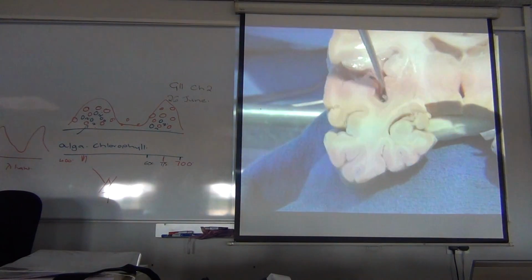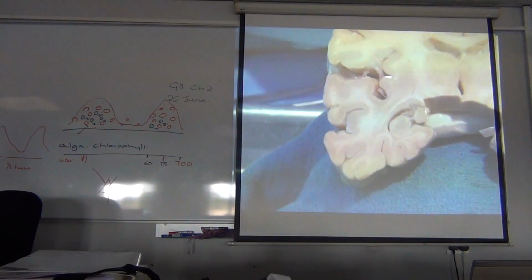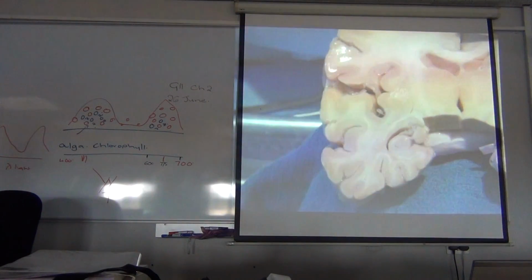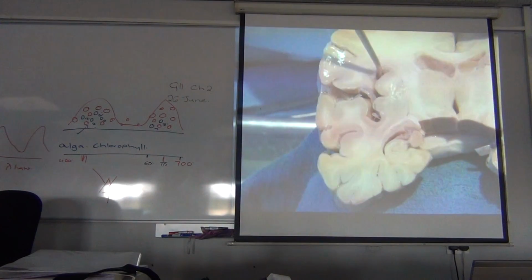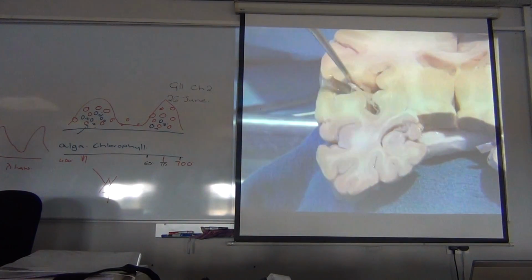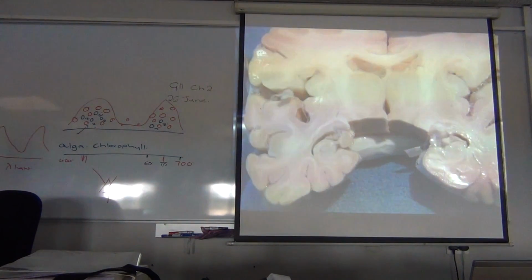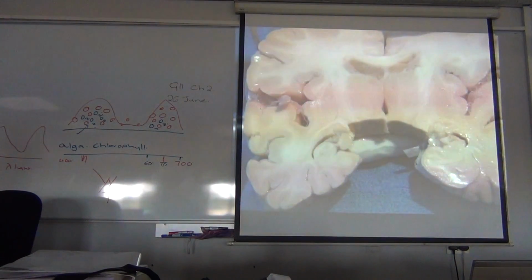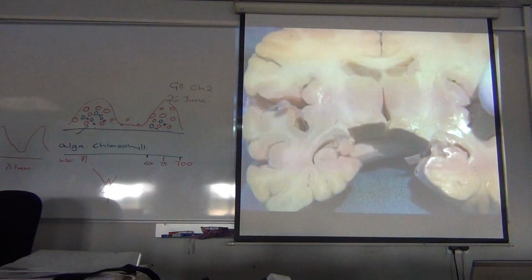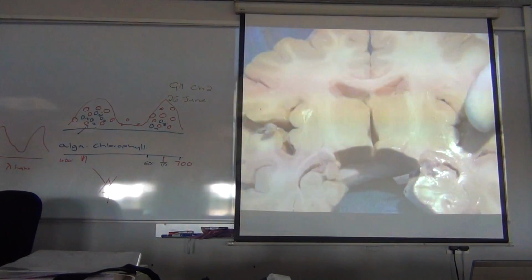This bit of cortex buried underneath the frontal, temporal, and parietal lobes is the insula. We're not going to deal with that, but it does have a name. It's where the cortex got buried as it became more and more convoluted. This is parietal, or it could be motor cortex.